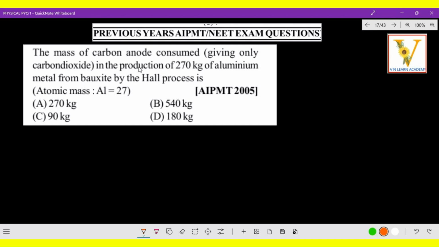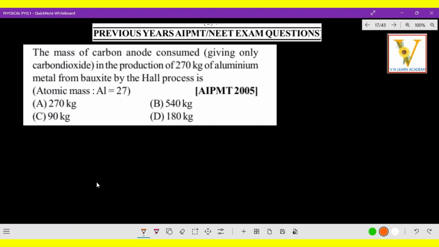This is like saying 10 apples cost this much, so how much does 1 apple cost? Just the opposite, like that way. Here they have given the idea about 1 apple cost. Now we have to identify the cost of 10 apples, that is here 270 kg of aluminium. Atomic mass they have given.